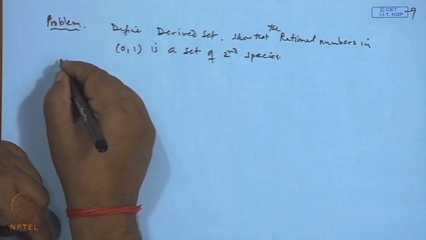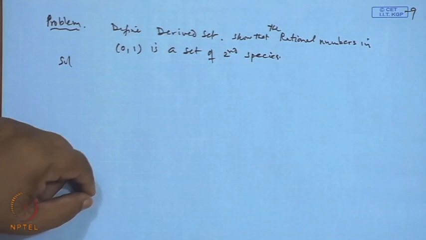So, let us see first what the derived set is and what we mean by species.